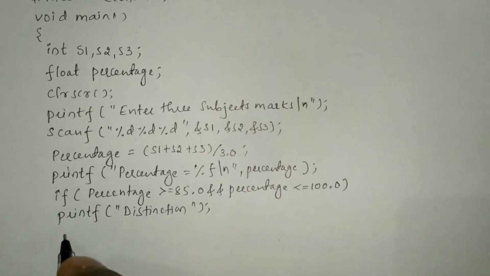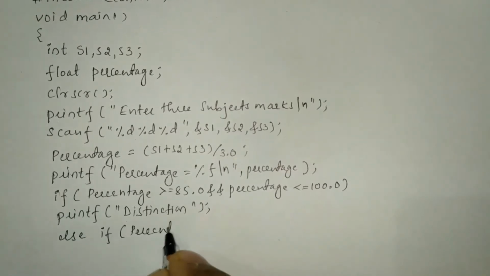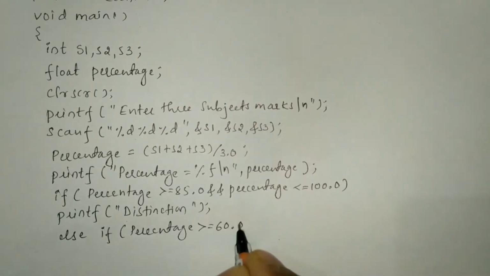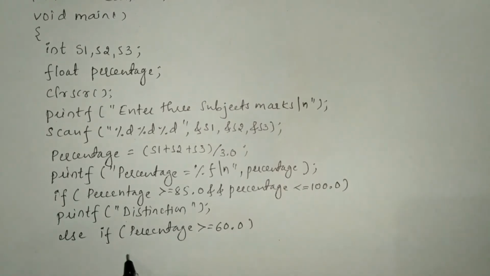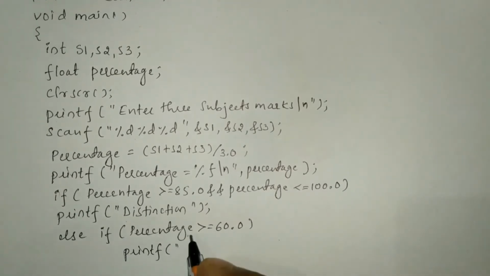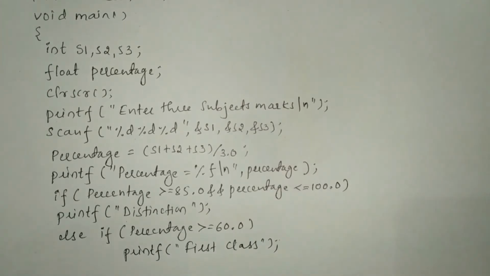If it is false then I'm going to write an else if statement, and here in the condition I'm going to write percentage is greater than or equal to 60.0, then it should print first class. In the printf statement I'm going to write first class, end the double quotation mark and put semicolon.